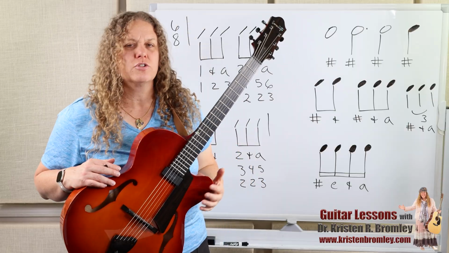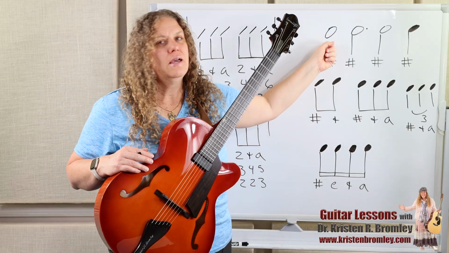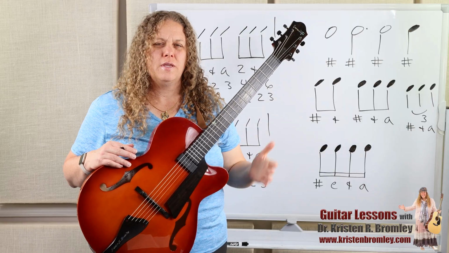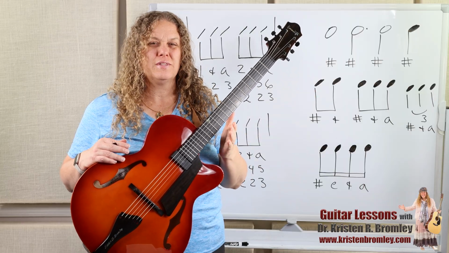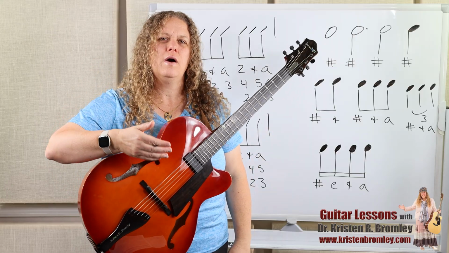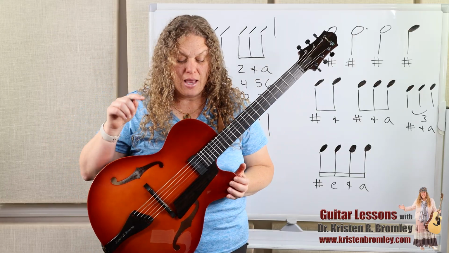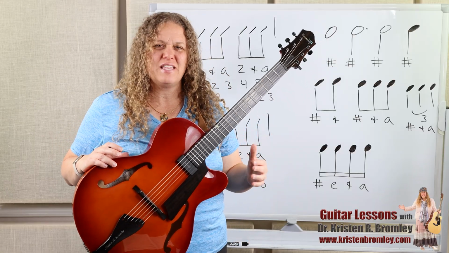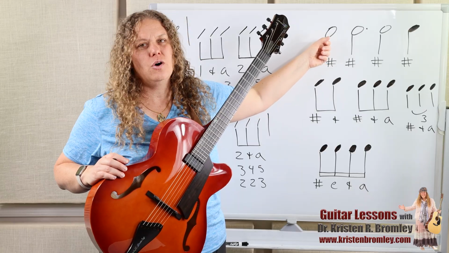So if we have a measure that starts with a whole note, we know it lasts for 4 counts. We can count 1, 2, 3, 4, and we're going to hold it out that entire time. We go to the next measure, we'll start over again with 1 with whatever figure happens. And on page 12, that beginning example there is just that. First measure is a whole note.